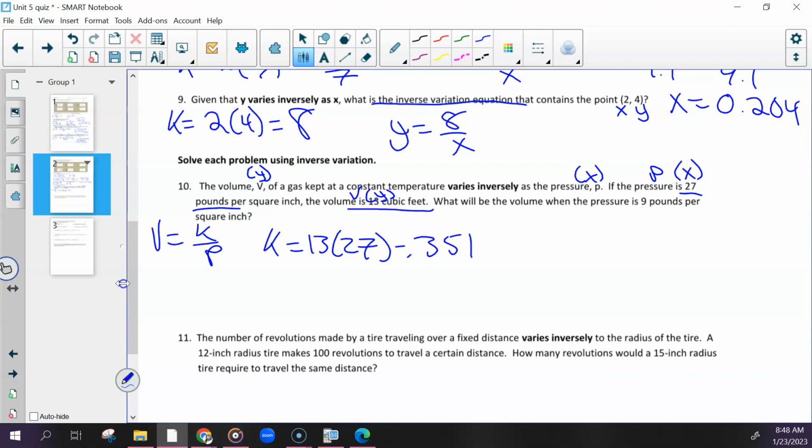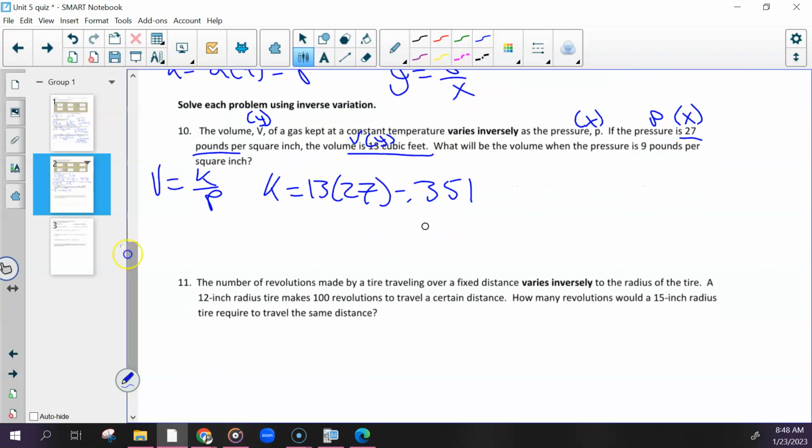Some of you in this problem got a number really big instead of 27. I don't know where that number came from. After you get this number, you can put that back in. And we were looking for the volume when the pressure was 9.